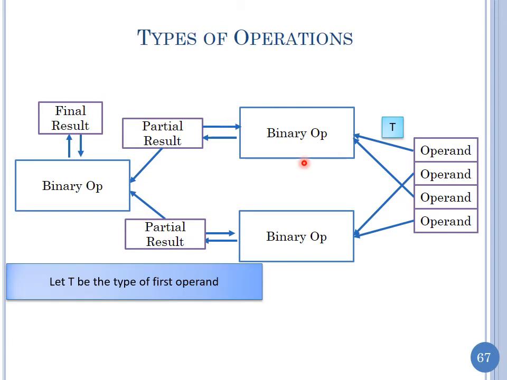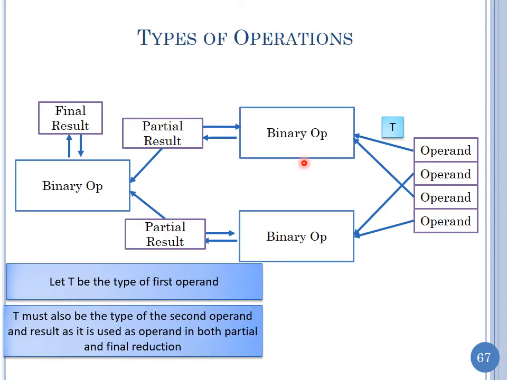Let T be the type of one of the operands of that operation. Then T must also be the type of the second operand and the result, because we are taking the result and passing it as an operand. So we not only get a value as a result, but we also pass it as an operand of the final reduction.